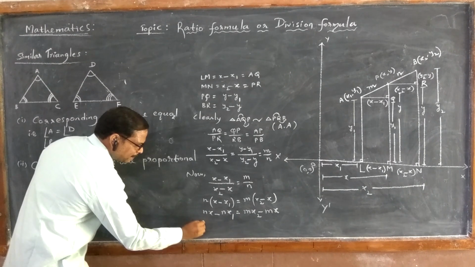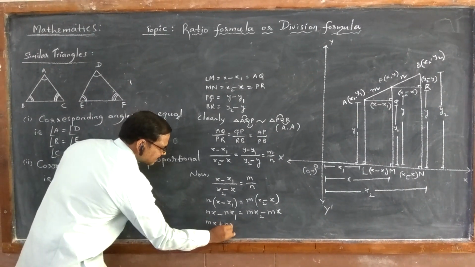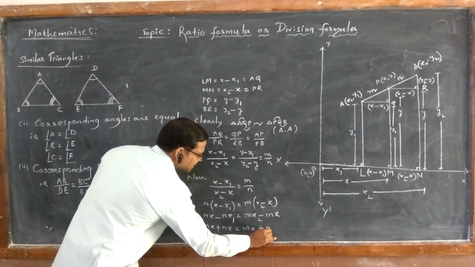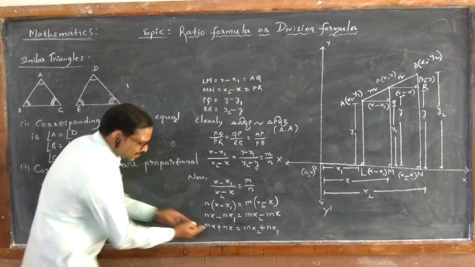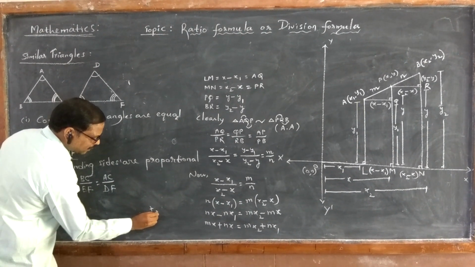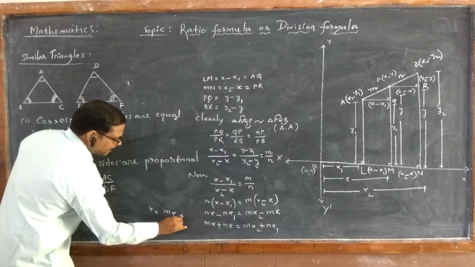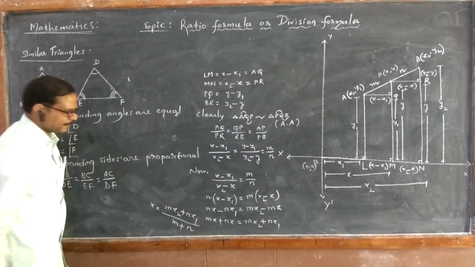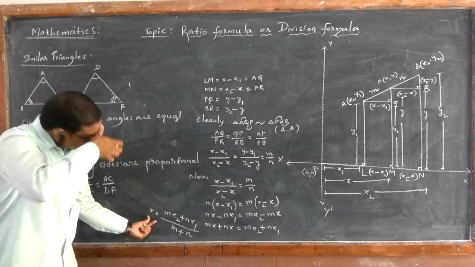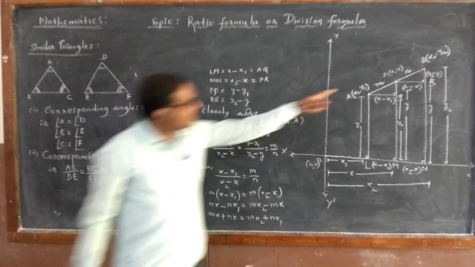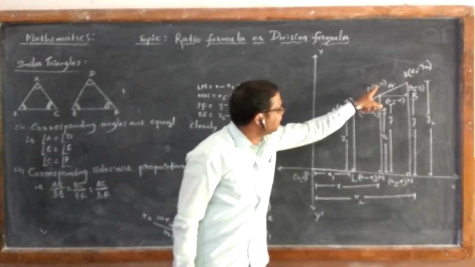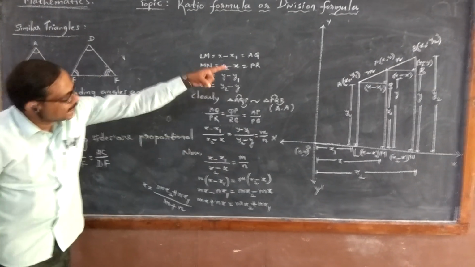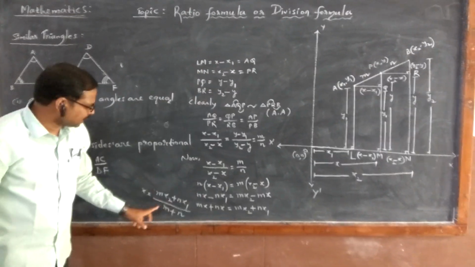Bring mx to this side: mx plus nx equal to mx2 plus nx1. Now I can take x common in this. If I take x common, x equals mx2 plus nx1 upon m plus n. So this is the x coordinate of this division point, right? I got the value of x here. mx2 plus nx1 by m plus n is what? X coordinate of P of x comma y.